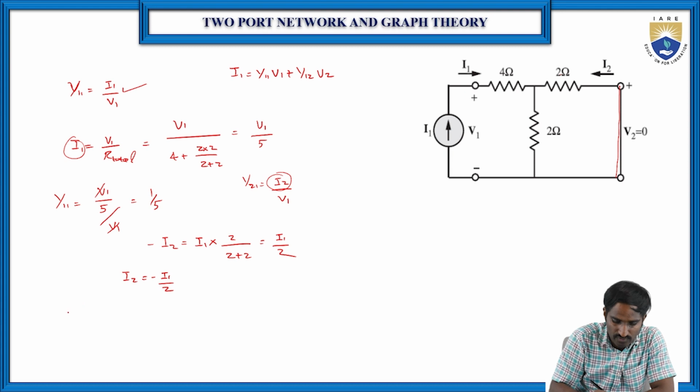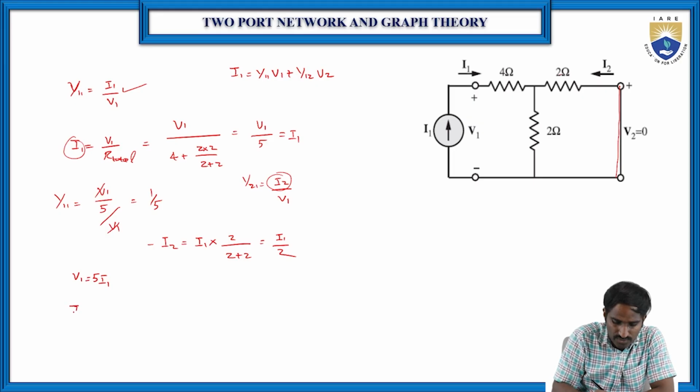Then substitute this value in y21. y21 is equal to I2 by V1. Here we have calculated the I2 value. Then, because we need to find I2 in terms of V1, we know that V1 is equal to 5 into I1, which we just calculated from this equation. Then substitute here.